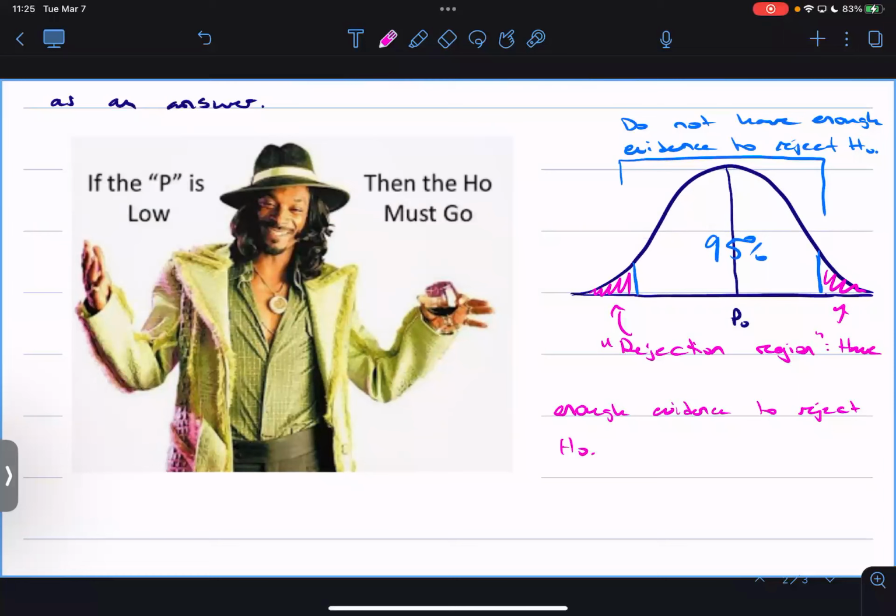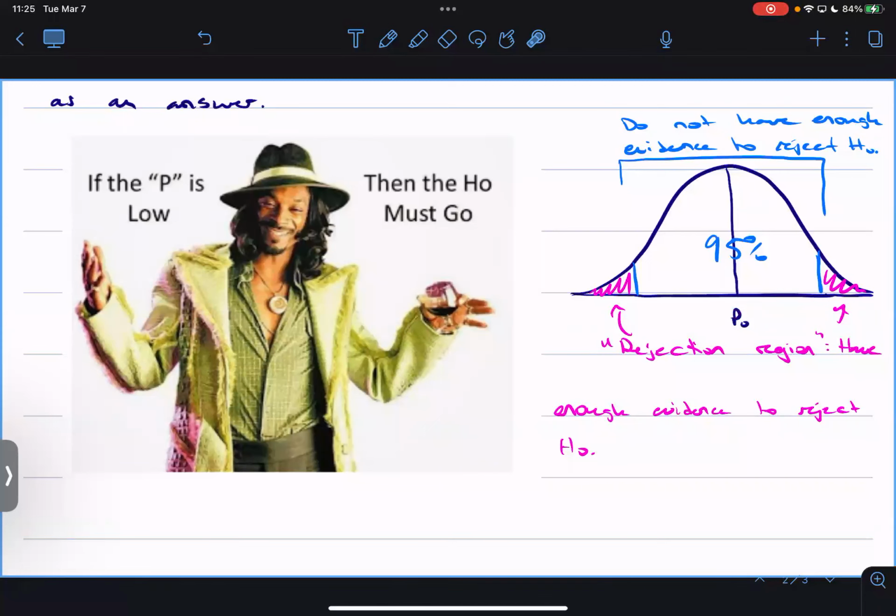So that's what it looks like. Once you move out into the tails, we quantify that with the p-value, because the probability of the center being P0 is so low, then I can reject it.